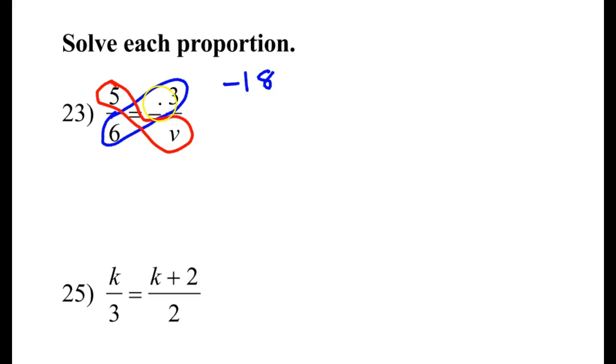I only want to use the negative one time. So, negative 18. 5 times what is negative 18? I divide both sides by 5. And that does not reduce, so just leave your answer as negative 18 over 5. And basically just the 5s cancel.